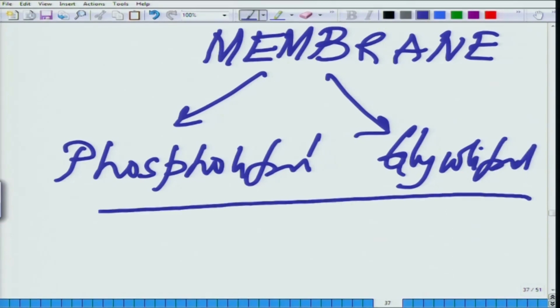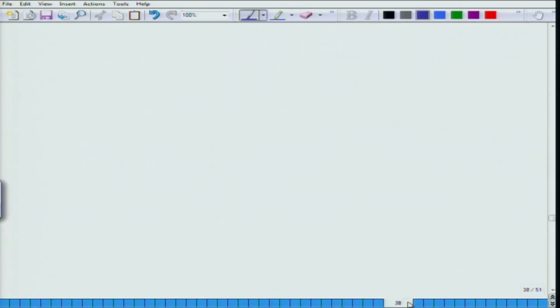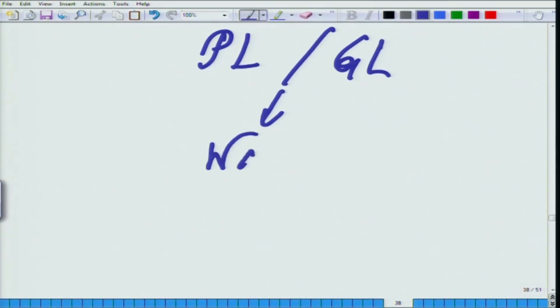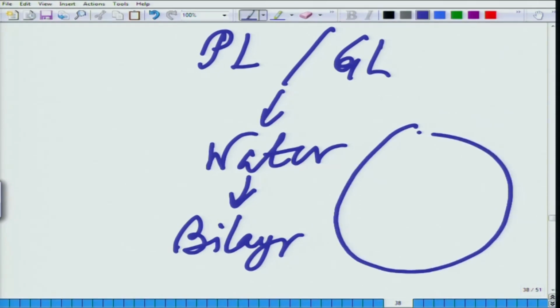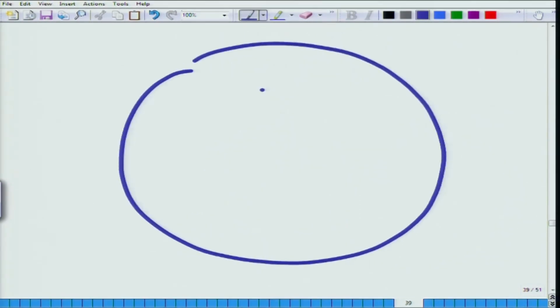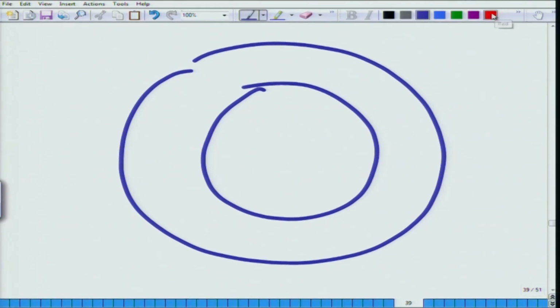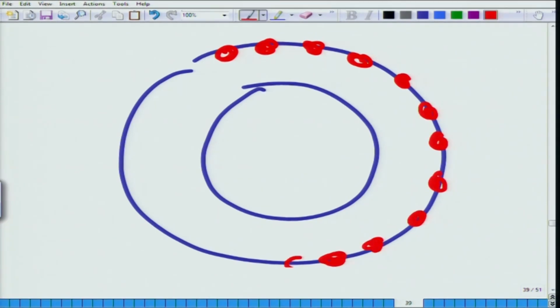So, whenever you add these phospholipids and glycolipids, say I designate them as PL and GL, in water, they have a tendency to form a bilayer. In other words, the one which I was drawing, let me move to the next page, they form a structure like this. These are again the polar head groups. This is their innate tendency, and this tendency comes from certain energetic reasons.